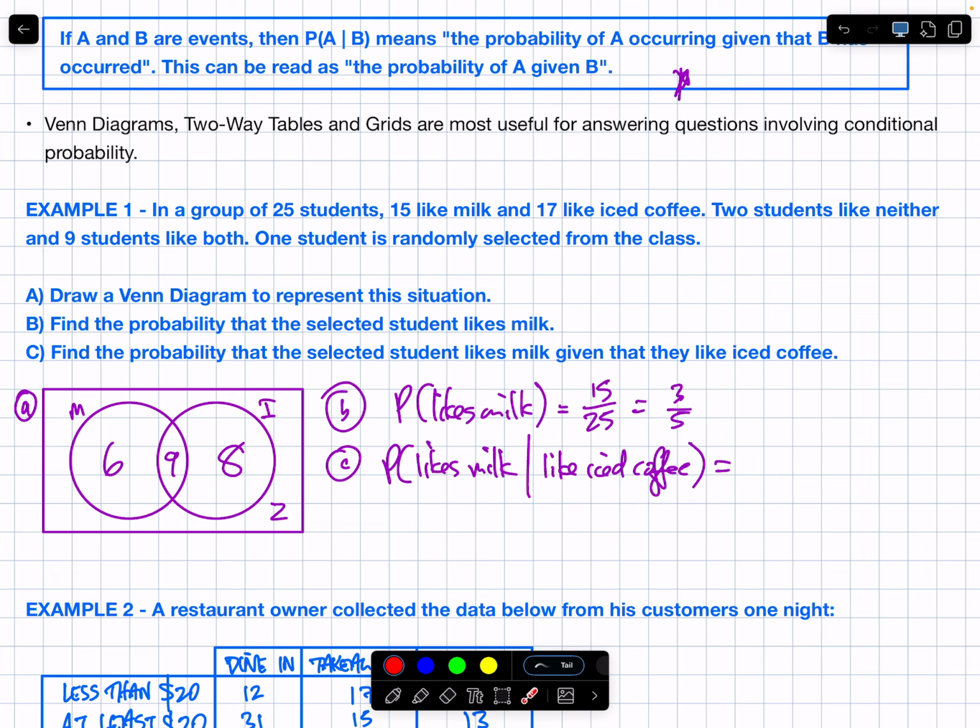So if they like iced coffee, how many kids like iced coffee in this situation? 17. That's my condition, so it's going to be over 17. The condition has now been applied. Of those 17, how many of them like the milk? 9. Because that's the overlap in the middle. 9 over 17. Is there a number that goes into 9 or 17 nicely? No. So you leave it at that.